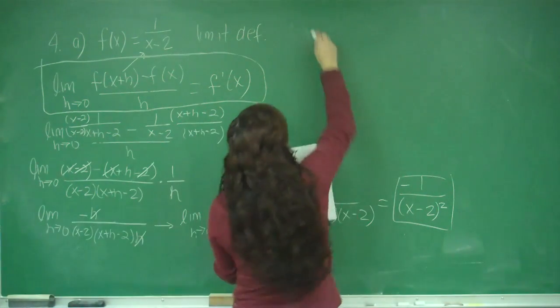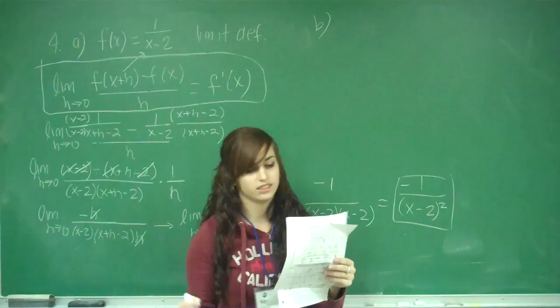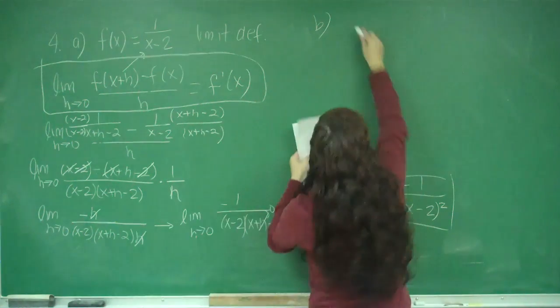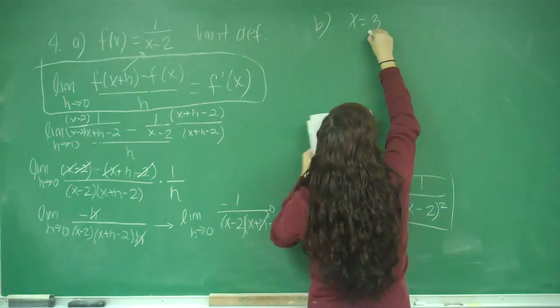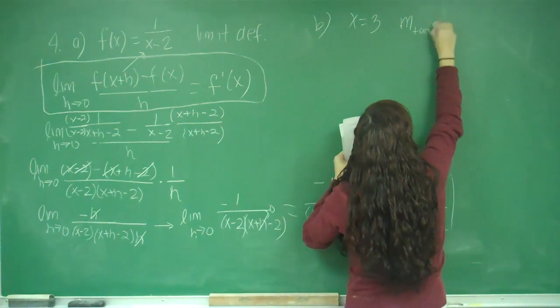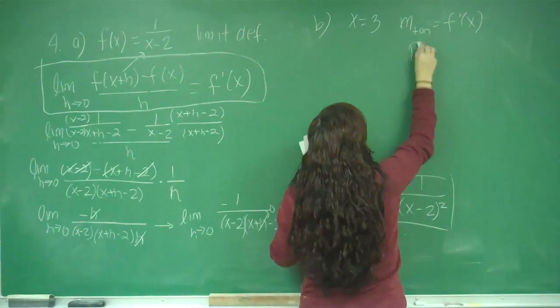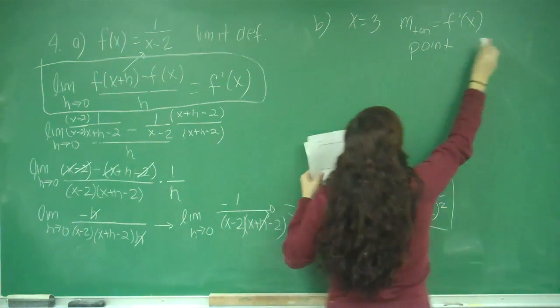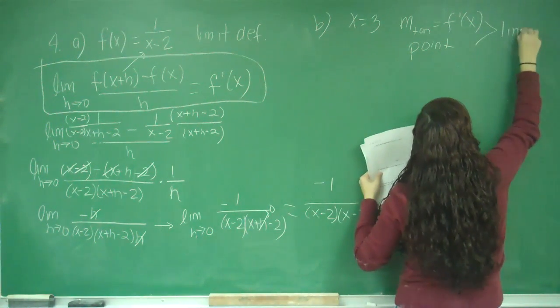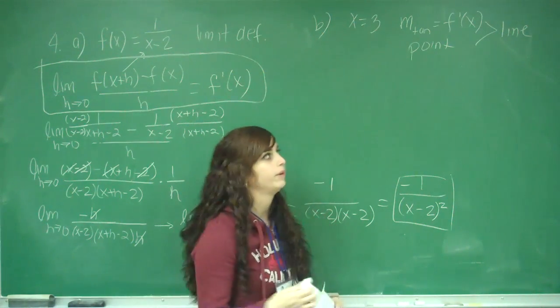So part B says to write the equation of the tangent line at x equals 3. So remember, the slope of the tangent line equals the derivative. And we need a slope and we need a point to find the line. Okay? So we're trying to find the tangent line. You know you need a slope and you need a point.